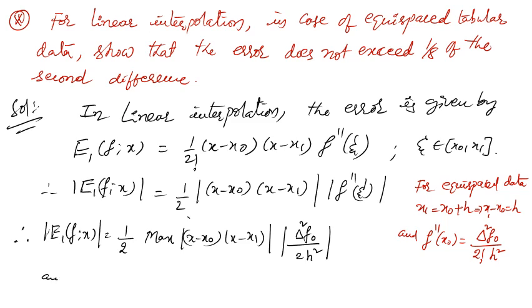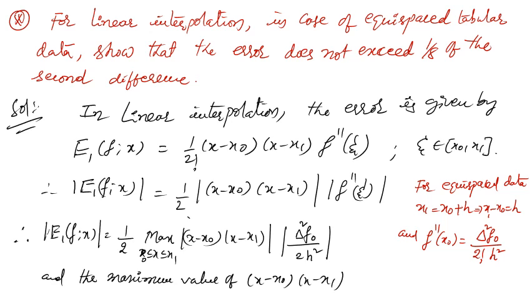And this is maximum over x naught less than or equal to x less than or equal to x1, and the maximum value of (x minus x naught)(x minus x1) exists at the midpoint, at x equal to (x naught plus x1) by 2. Already we have seen this in one problem.